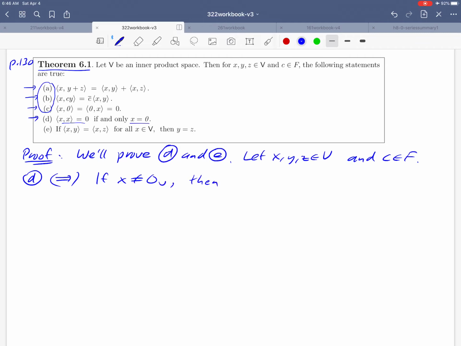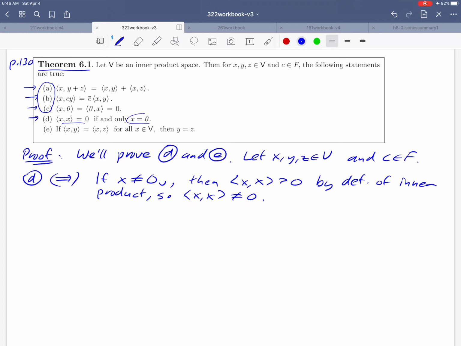Okay, well, if that's the case, then we know from part D in the definition of the inner product that the inner product of x with itself is greater than 0. So there's our starting point. Okay, and if that inner product is greater than 0, it's certainly not equal to 0. Okay, so we've actually proven the forward implication.